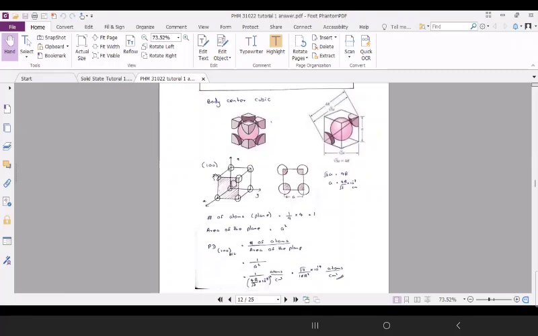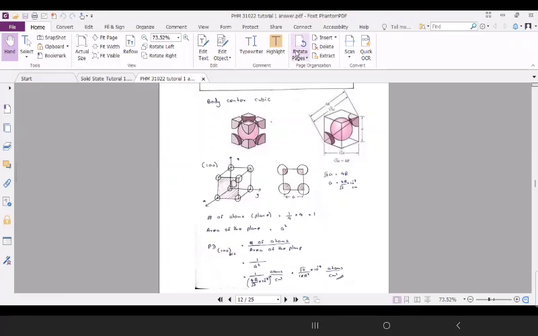First they have given 100. If it is 100, you think about only the x-axis as one value, and both the other intercept lengths are infinity.